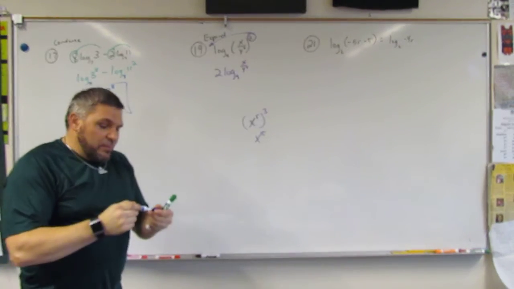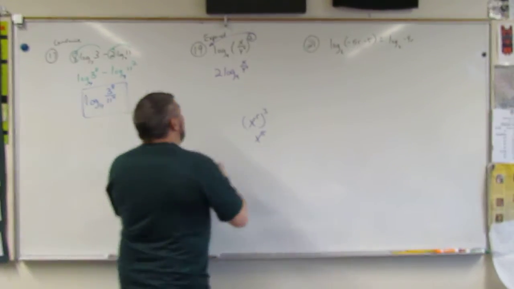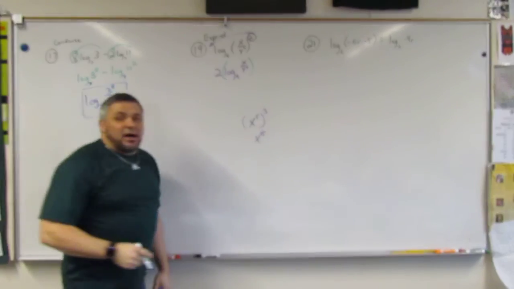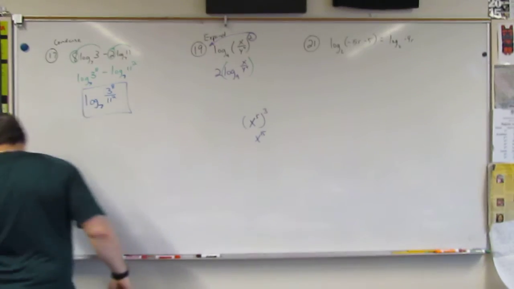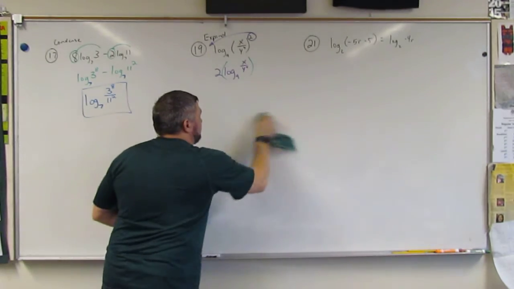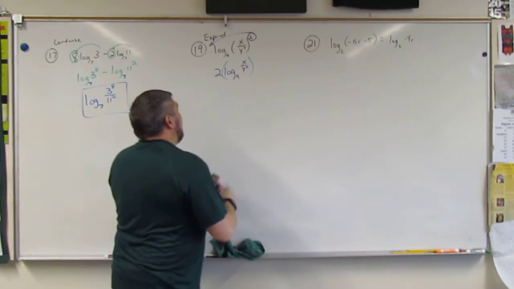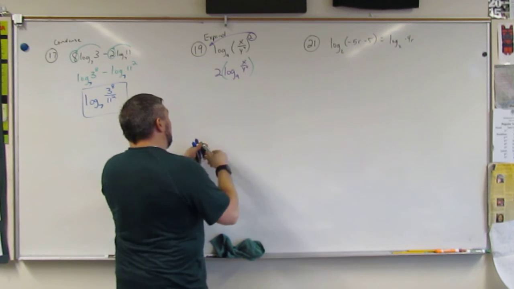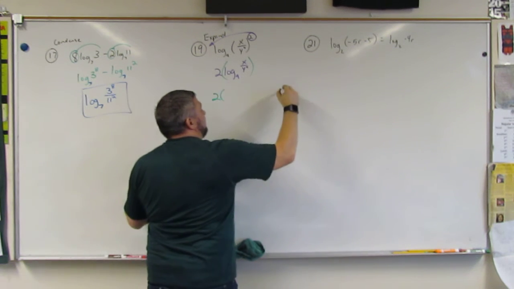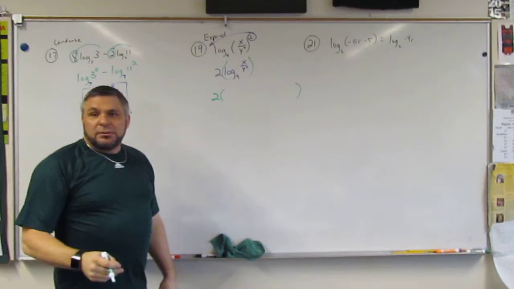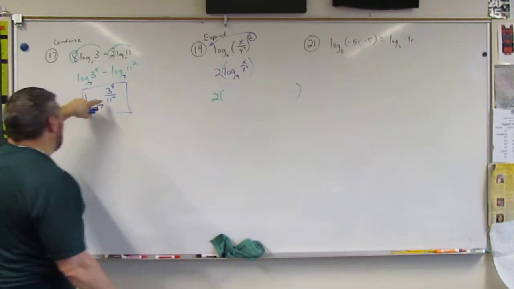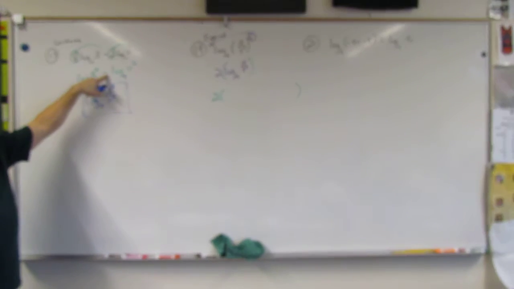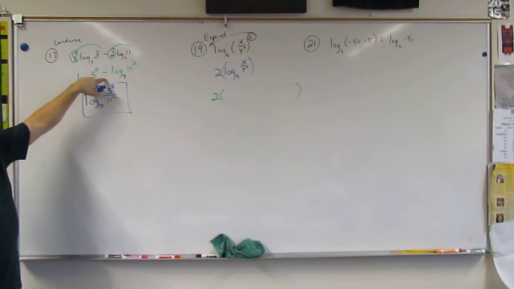Okay? But you have to remember, it's 2 times all of this, correct? So that means we're going to have 2 times. And what happens when you're dividing? Remember? What happens when we're dividing? We're subtracting.